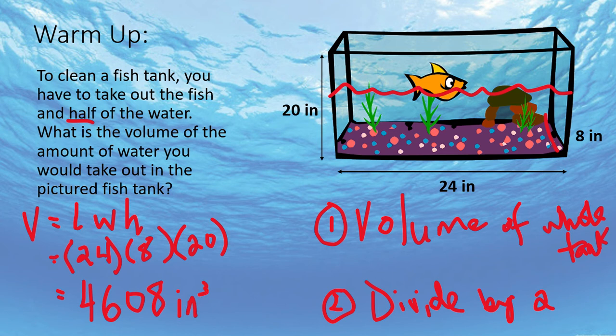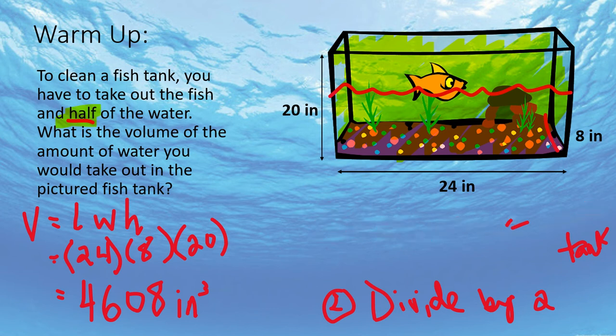So we did strategy number 1. What that number represents is all of the water in the tank, the whole volume. But we don't want the whole volume, do we? We just want half of the water or the volume. So we divide by half. That's our second step. So we just take 4,608, cut it in half.